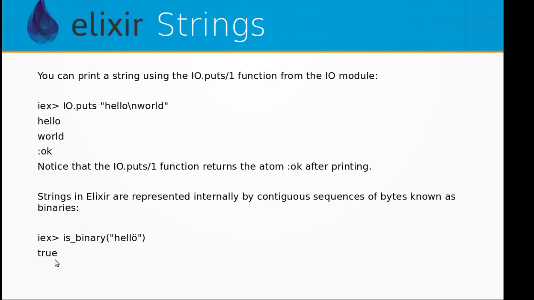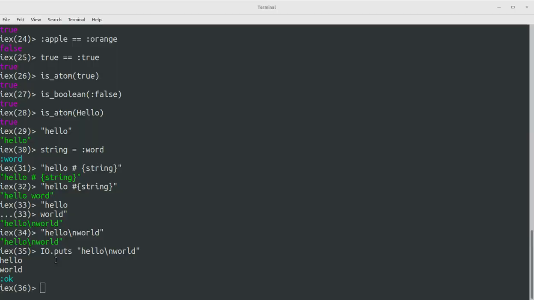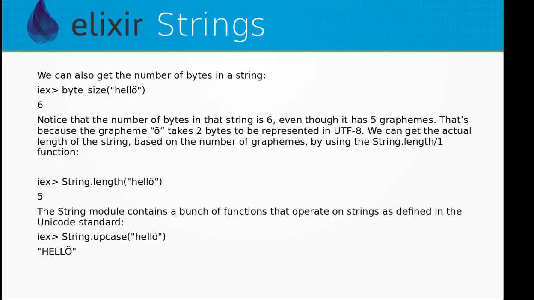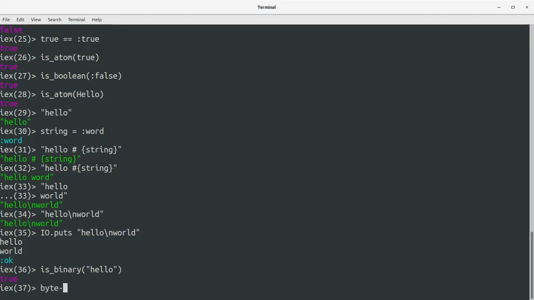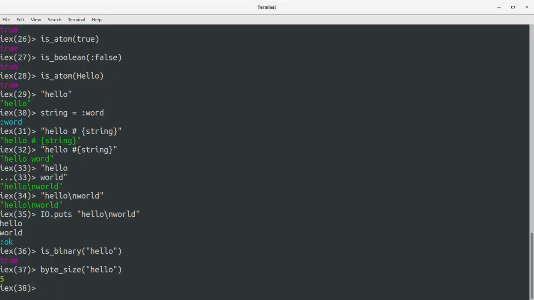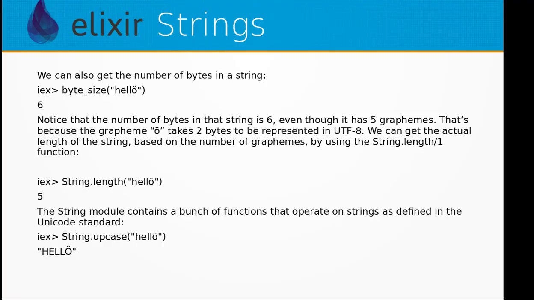Strings in Elixir are represented internally by contiguous sequences of bytes known as binaries. So if I type in is_binary and pass in the string, it returns true. We can also get the number of bytes in a string by a function called byte_size.